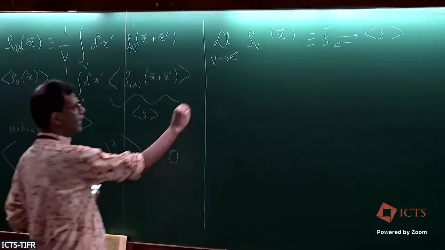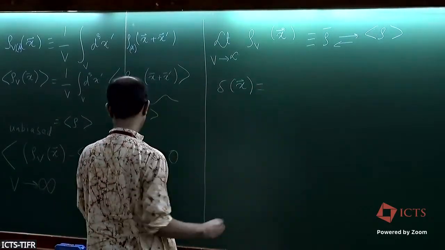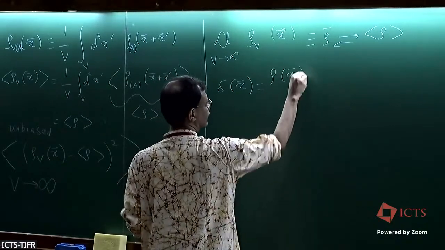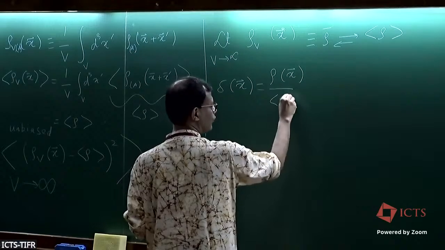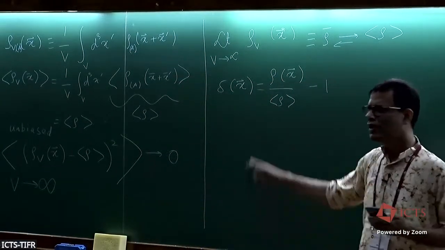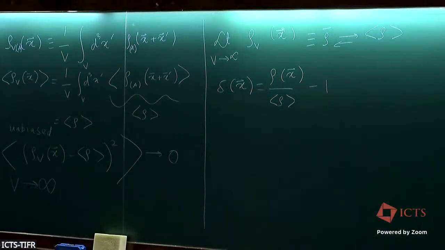So then I can now define my density contrast. That will be something like rho of x by rho bar minus 1, whatever. For most of this lecture, I will suppress the explicit t dependence. I assume that we are working at the same redshift throughout, or same time.